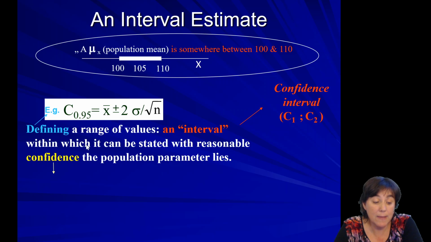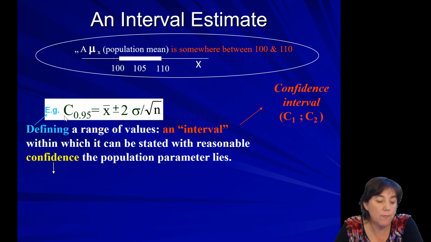Then we can state with reasonable confidence that the actual parameter here, the population mean, lies within these 2 points.